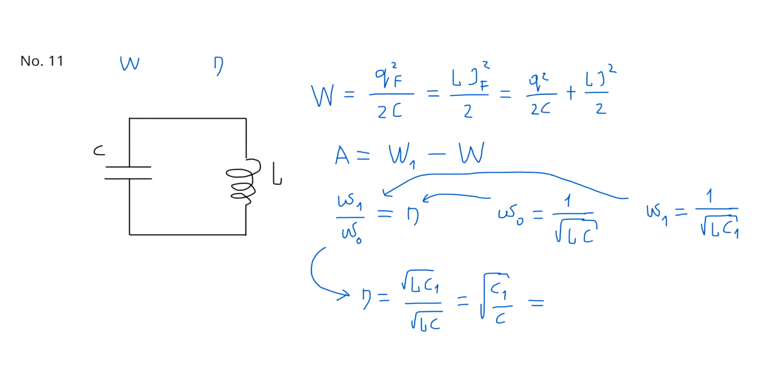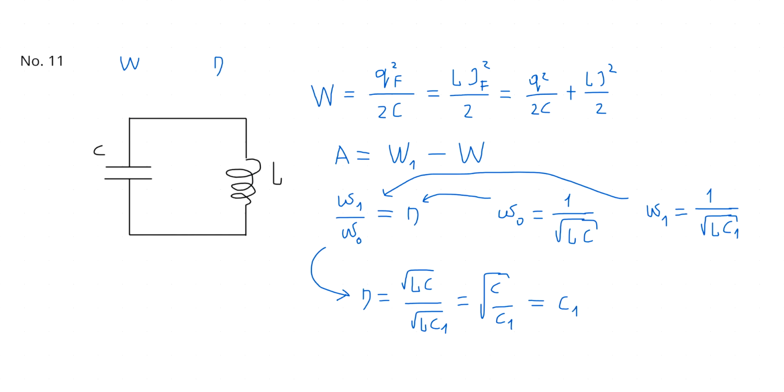Sorry, I have made a mistake. We have omega 1 in the numerator, so we have to write it here. Okay, so we will get capacitance after manipulating.